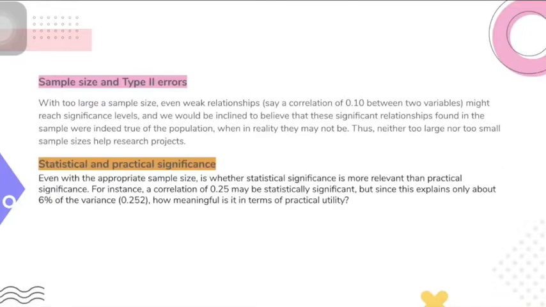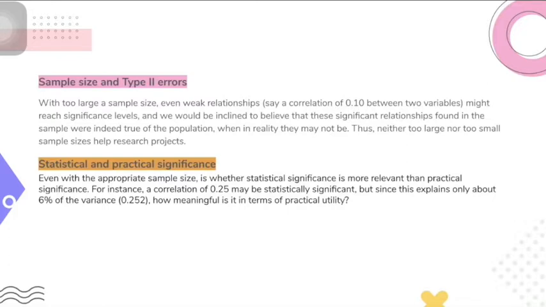In other words, with too large a sample size, even weak relationships, say a correlation of 0.1 between two variables, might reach significant levels, and we would be inclined to believe that these significant relationships found in the sample were indeed true of the population, when in reality they may not be. Thus, neither too large nor too small sample sizes help research projects.